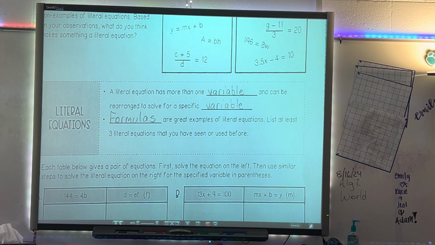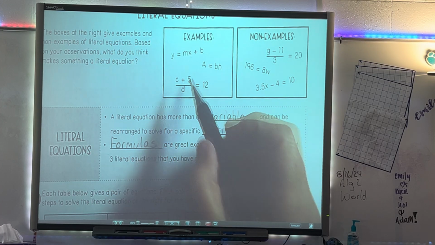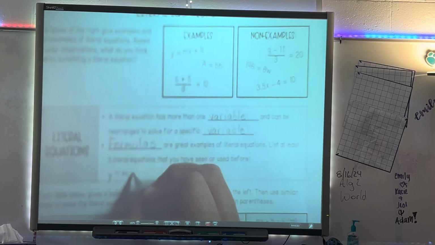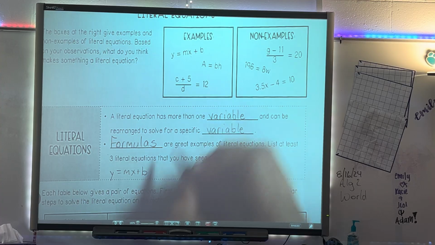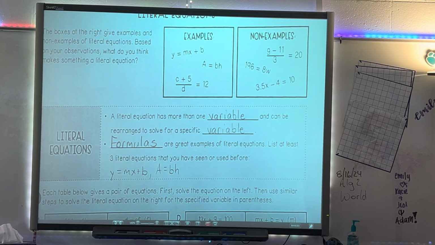This one says, what are 3 literal equations you have seen and used before? We know you've done y equals mx plus b. You should have also seen the area formula, A is equal to bh.